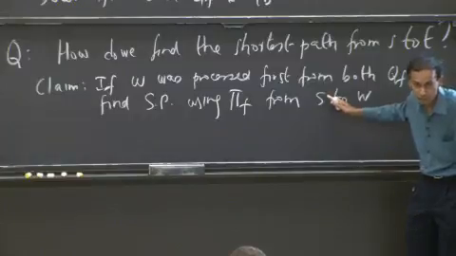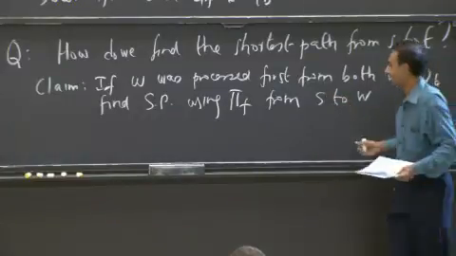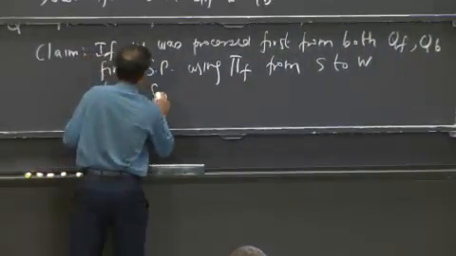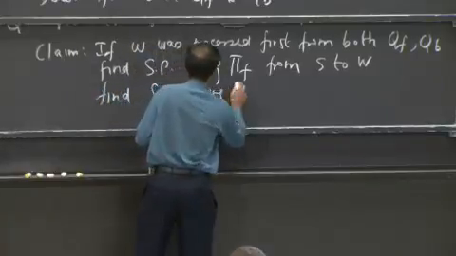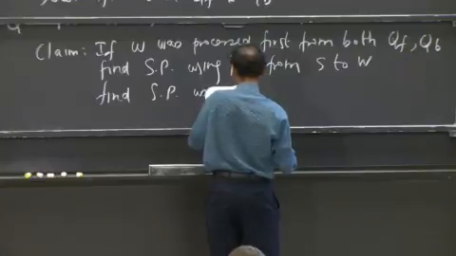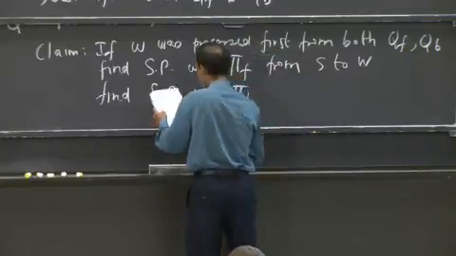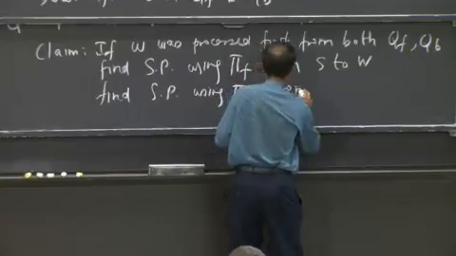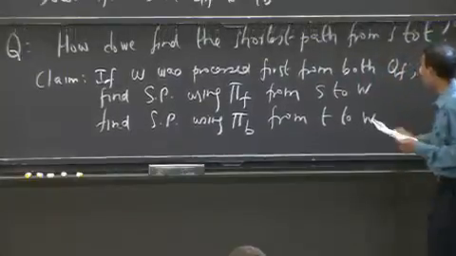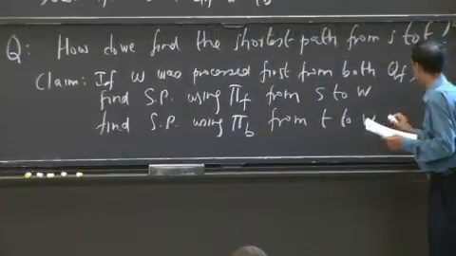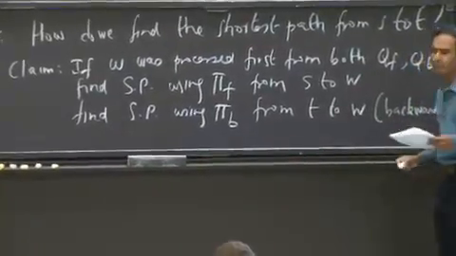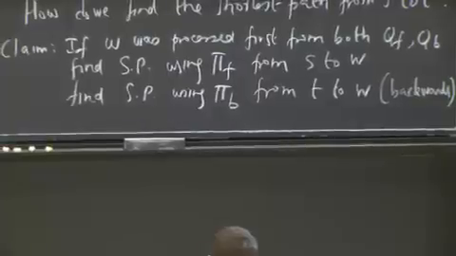Everybody knows this. You've coded it, so I hope you know it. And then we go find the shortest path using pi B, right? And you're going to constantly apply pi B, and this is the backwards path from T to W. Okay. And this follows the edges backwards. All right? And this sounds pretty good? Everybody agree with this?